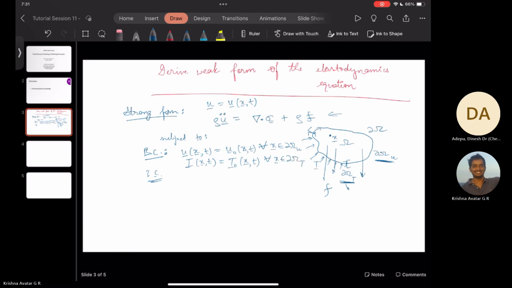And for initial conditions, since the time derivative is second order, we require two initial conditions, isn't it, to start the problem?